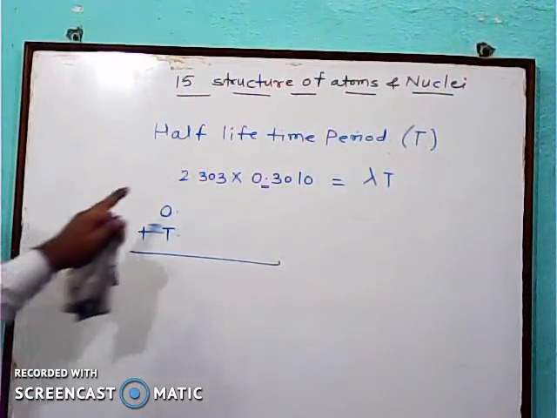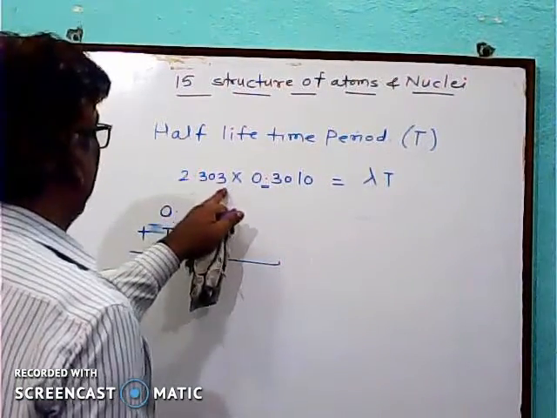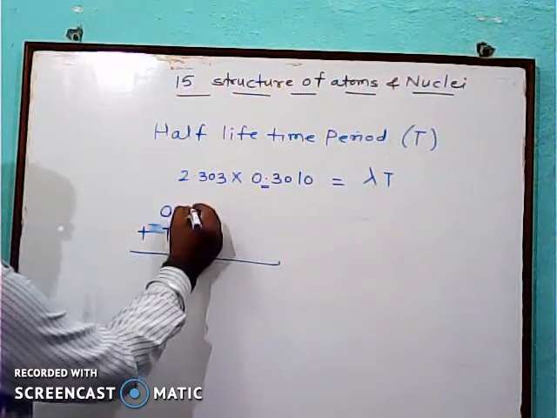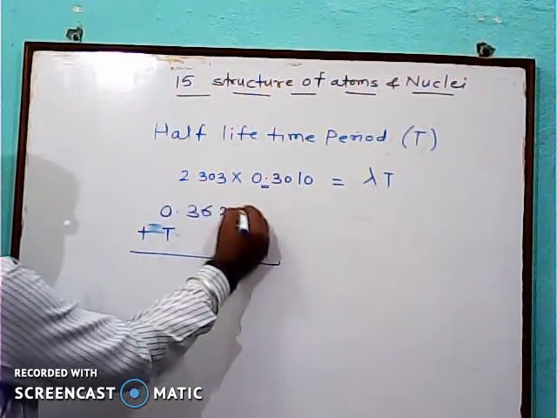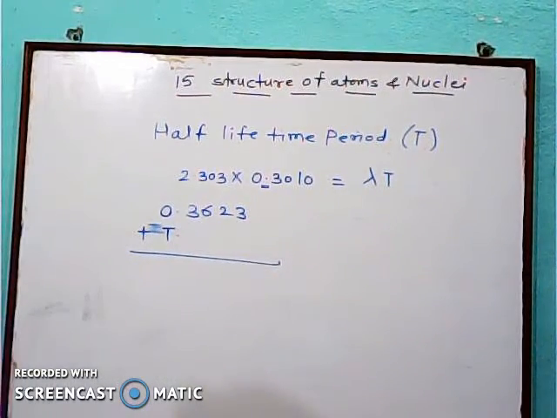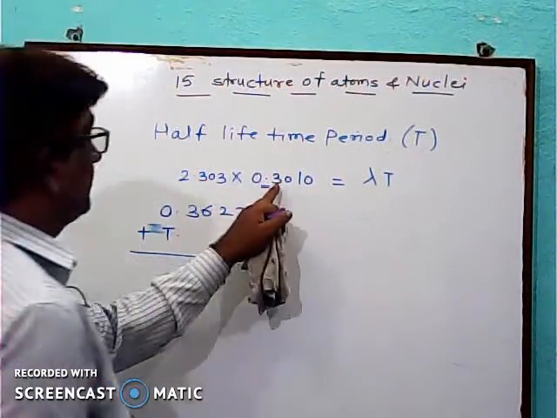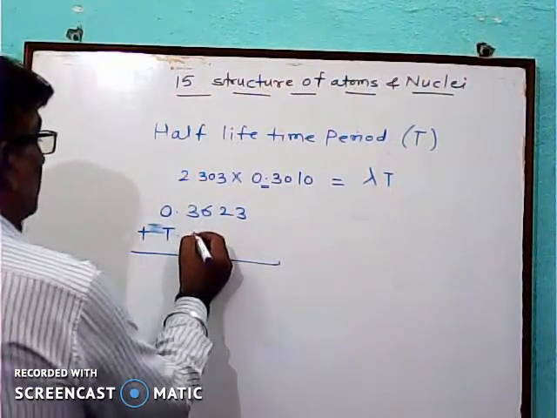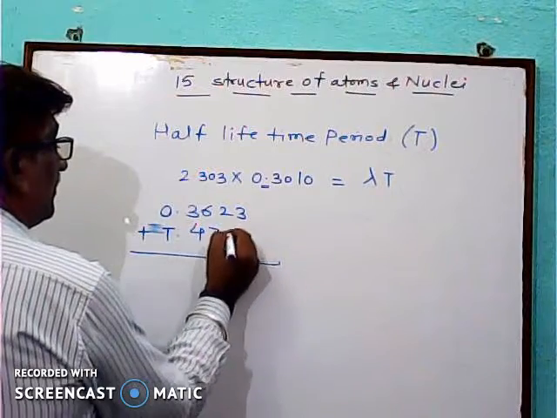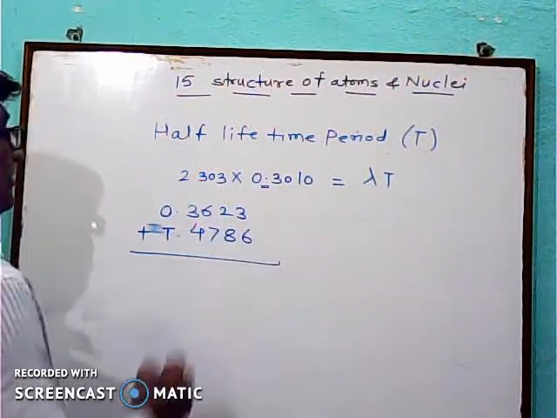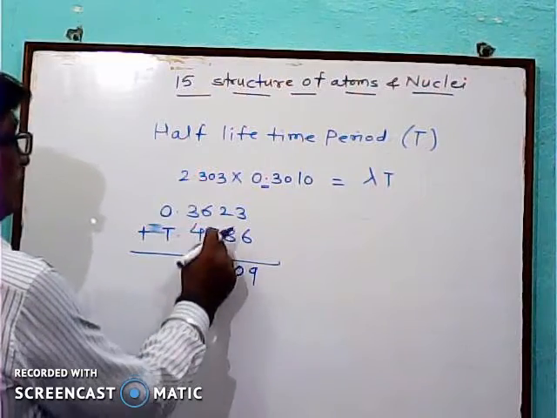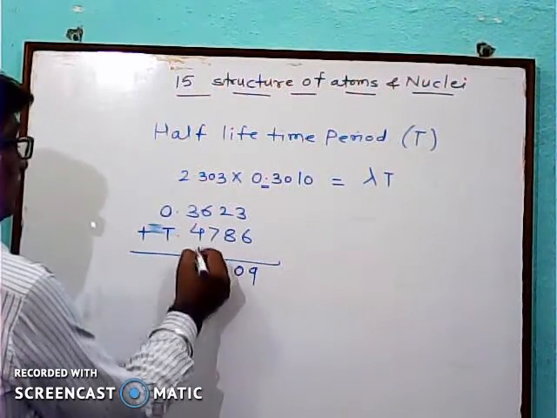If we see 2.303, its logarithm will be 3623. And for the logarithm of 0.3010, its logarithm will be 4786. If we add the two values, that is 9, 10, 14, 8.